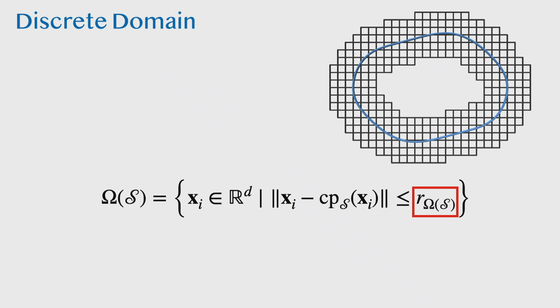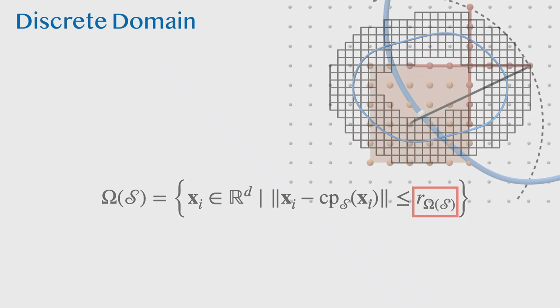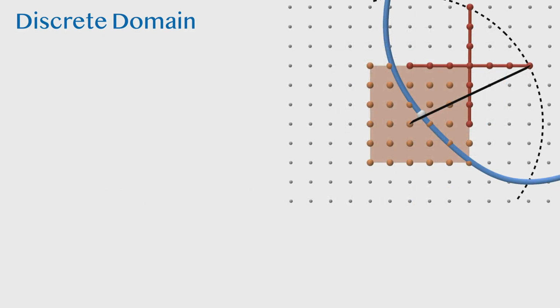So to derive an upper bound on R omega S, we must figure out how far away a grid point in a stencil can be in all the stencils that are necessary for the implementation. The furthest grid point will be at the tip of a red finite difference stencil that's centered at a corner of an interpolation stencil.